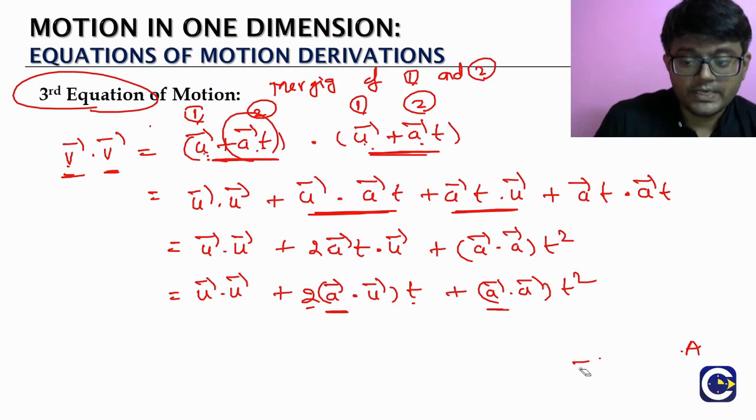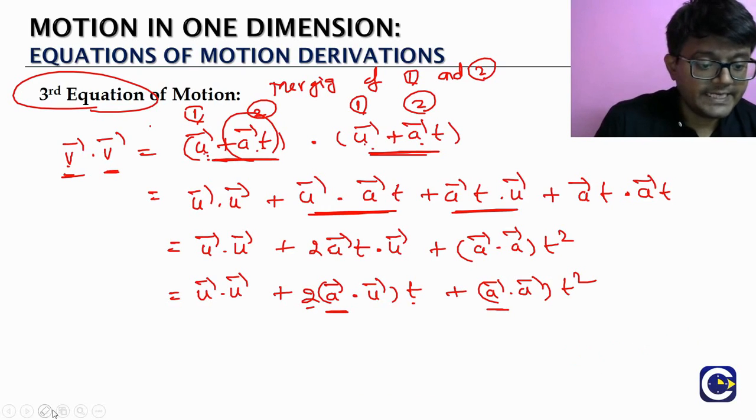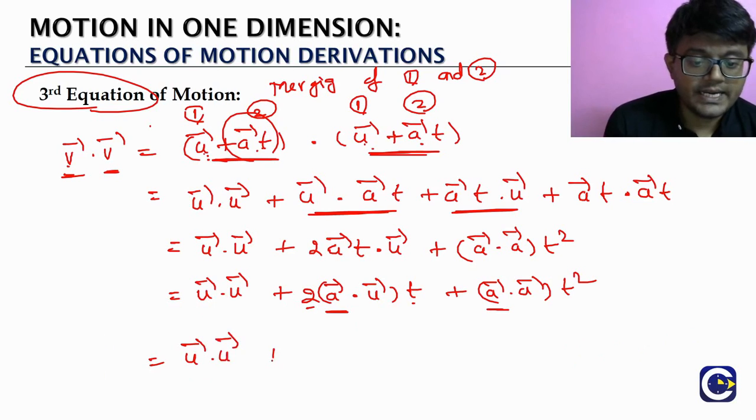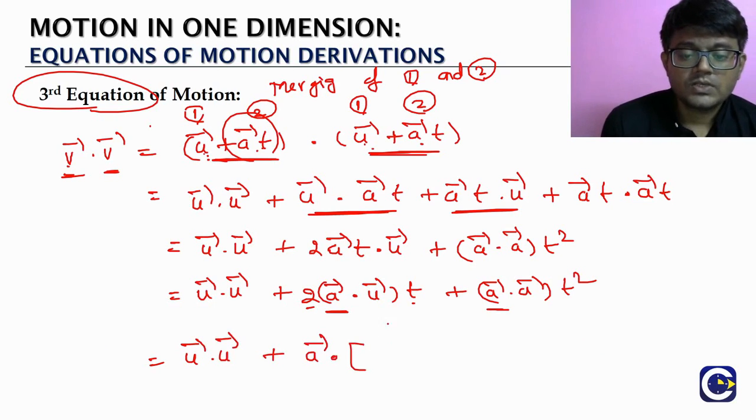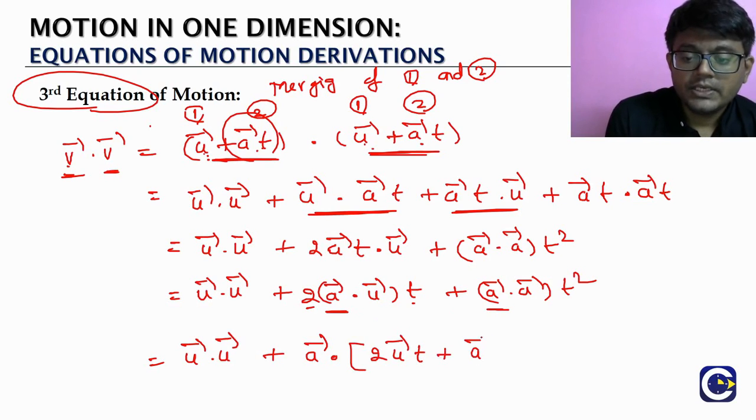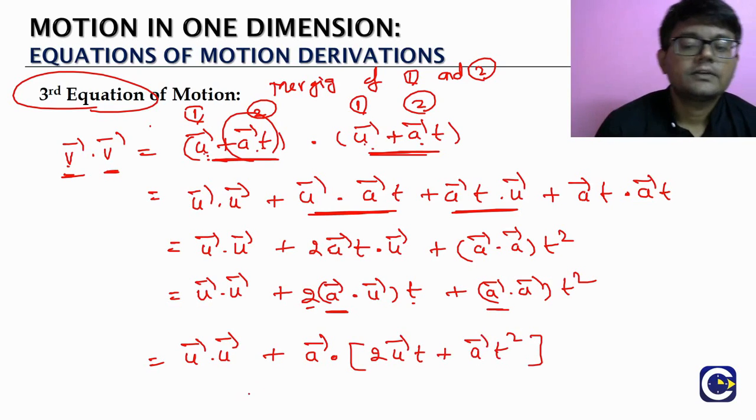So look at it, what are we going to get? The first term will be as it is, nothing is changing. u dot u will be as it is. So we will get the a dot out, and inside we will have 2u into t, plus a dot into t square.